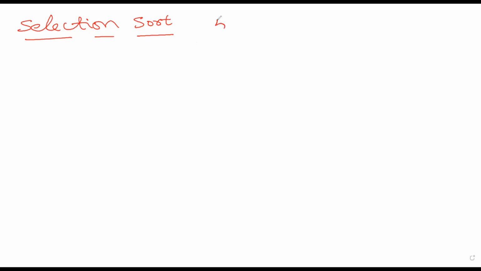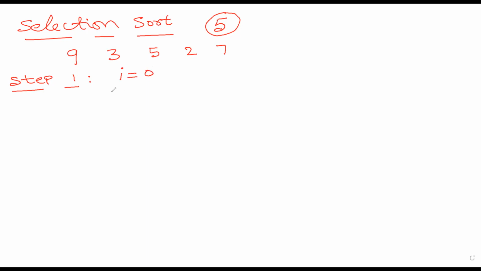We take an array of size 5. The array elements are 9, 3, 5, 2, 7. Here is how to perform selection sort. Step 1: we start from the 0th position, so assume i is equal to 0.